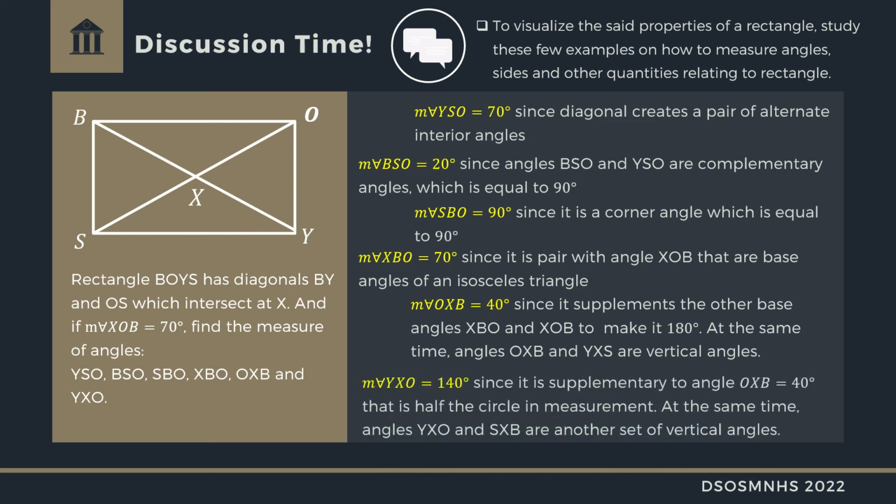The last one to solve is angle YXO. If this one is 40, what is its adjacent angle so that they make 180? It should be 140. The pair on the side, toward half of the circle, should be 140.